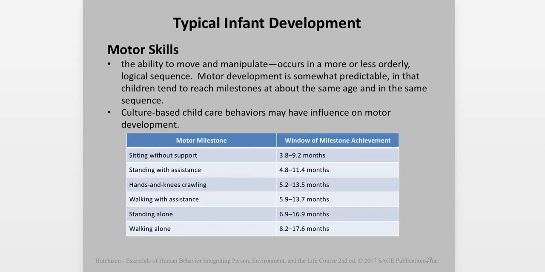Motor skills are pretty predictable in terms of how they develop, and again, there's a normal range here. Somewhere the text talks about using the term typical as opposed to normal, because children do develop outside typical ranges, and it doesn't necessarily mean that there's a problem.